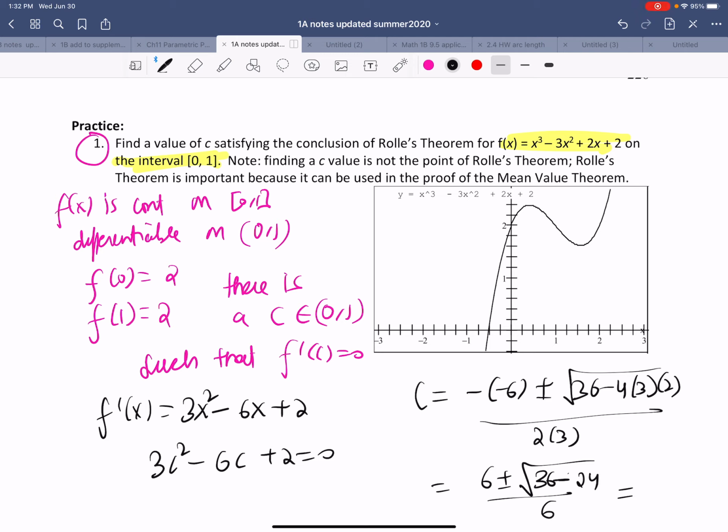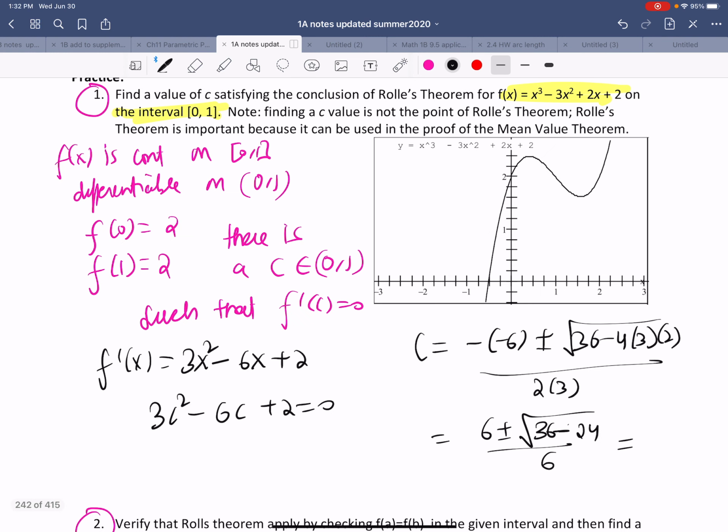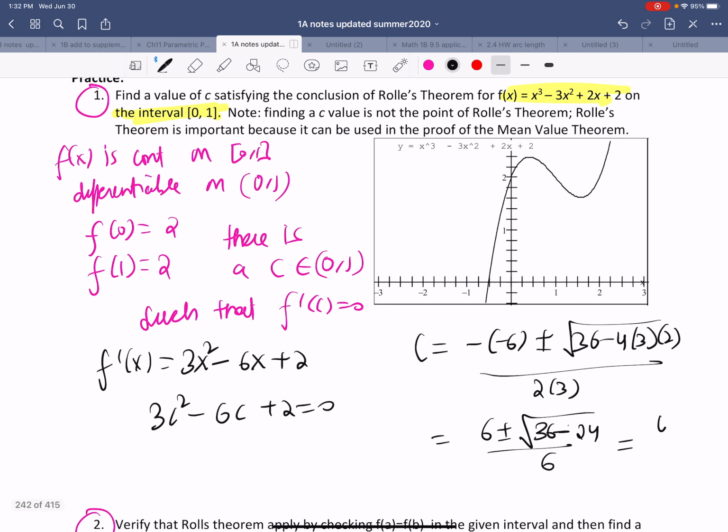We are looking between 0 and 1, so we only use the value in that interval, which is about 0.42. That's the value of c. We only want to give the value that's in the interval we're looking for, 0 to 1.